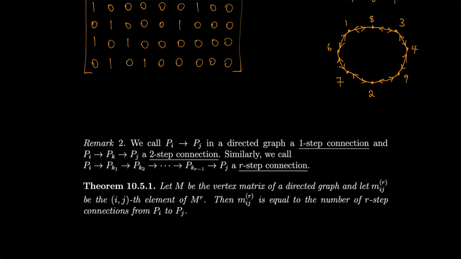Let's see. So this is a 1, 2, 3, 4, 5, 6, 7, 8 step connection, roughly, unless I miscounted. Let M be the vertex matrix of a directed graph, and let Mijr be the ijth element of M^R. Then Mijr is equal to the number of R-step connections from PI to PJ.